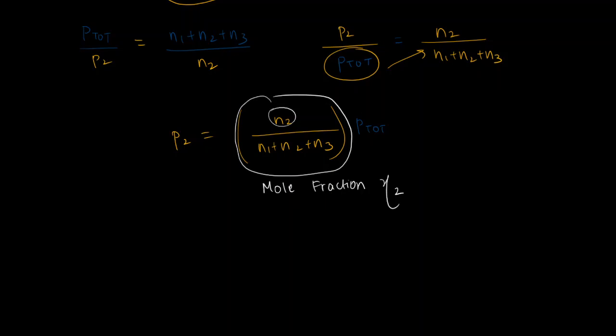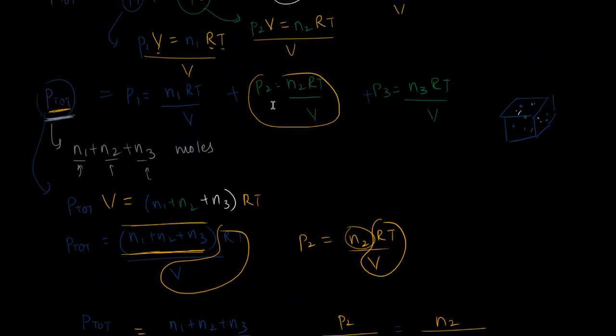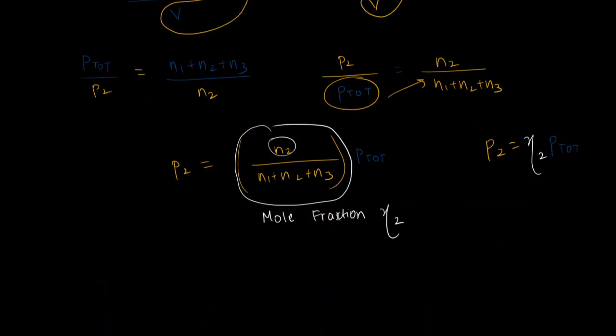And so you arrive at P2 is equal to chi 2 times the total pressure. Since there is nothing so special about gas 2, you could have done the same thing with N1 instead of N2, and the same argument would hold, except that instead of pressure 2, you would have pressure 1.